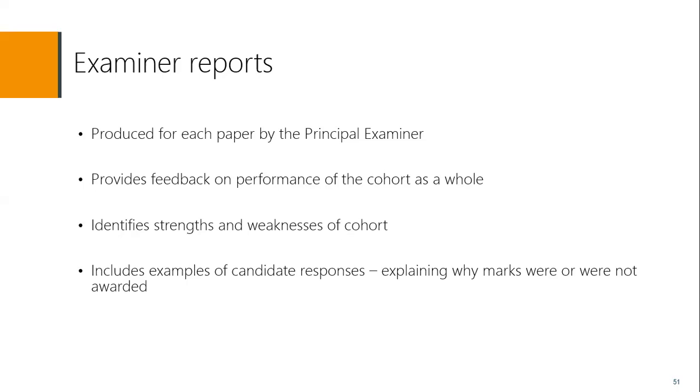It draws attention to areas in which candidates did well and those in which they did not. It includes consideration of the marking points that candidates gained or didn't gain, and candidates' responses are used to illustrate why particular marks were or were not awarded.